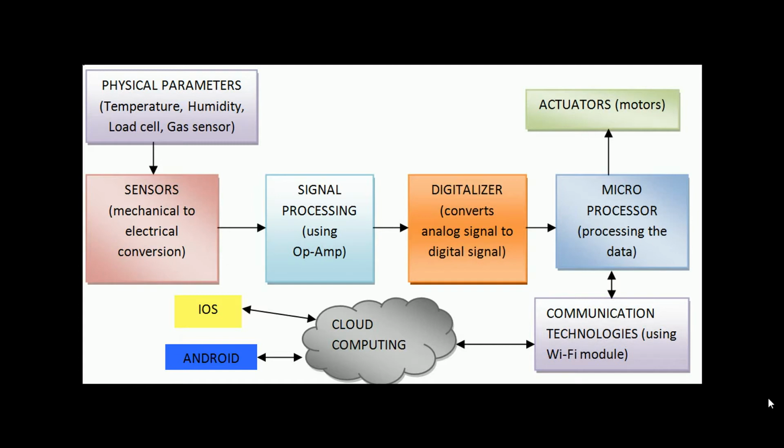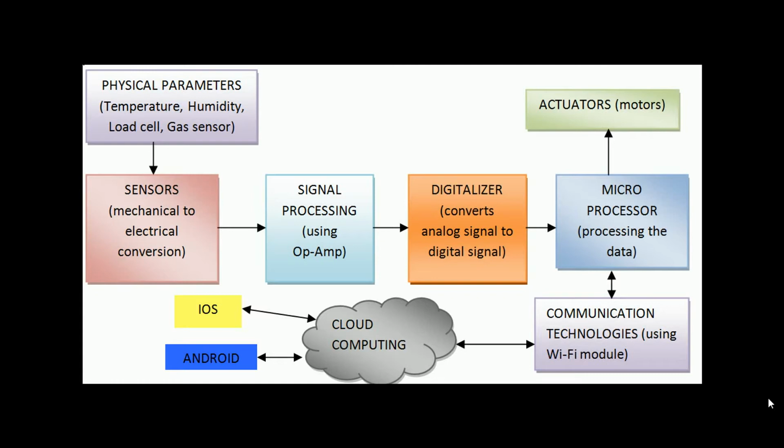If we go to agriculture applications, we can use a moisture sensor. The physical parameter data from these sensors, which act as transducers, is converted to electrical data.